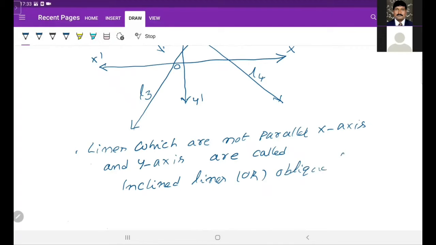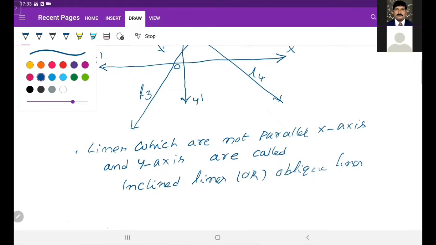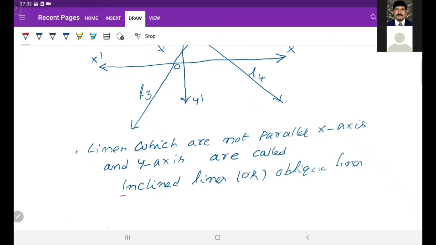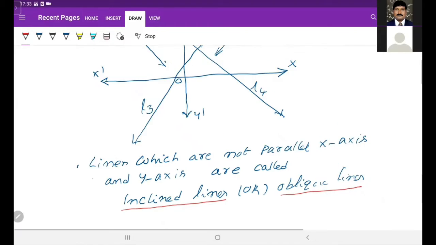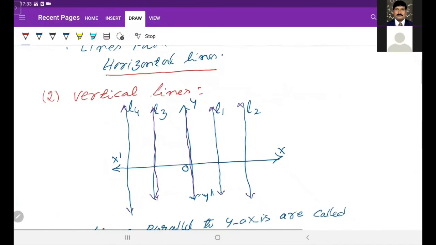OBLIQUE, oblique lines. Understand? Okay? Right.